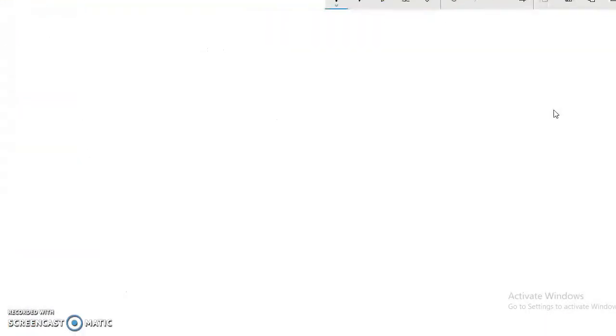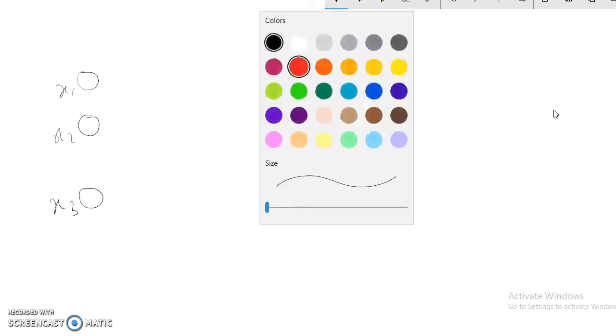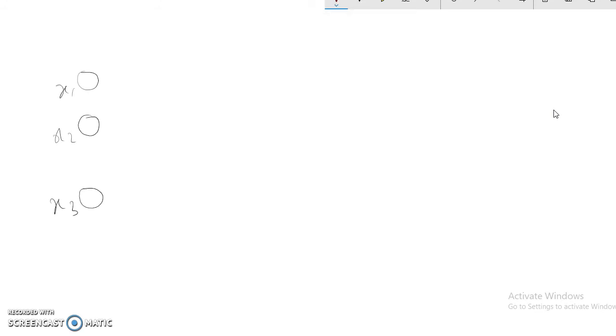Okay, so yes, let's suppose we have here three nodes, and these nodes are called x1, x2 and x3. Then again we have w1, w2 and w3. These are the weights over these nodes.